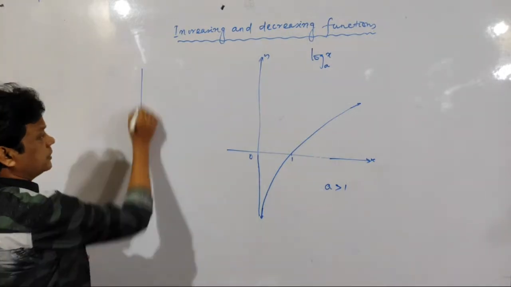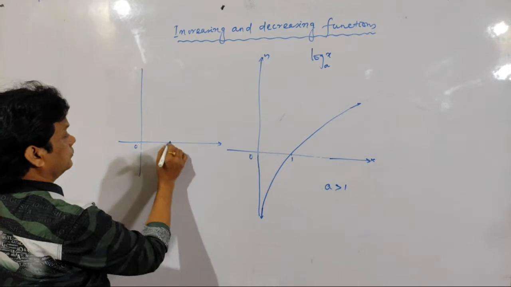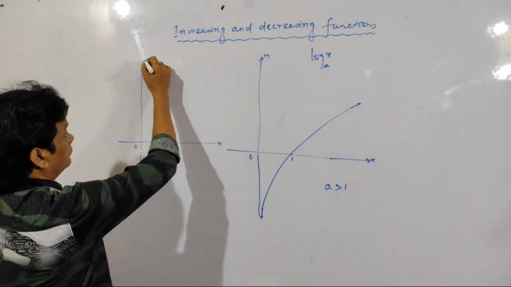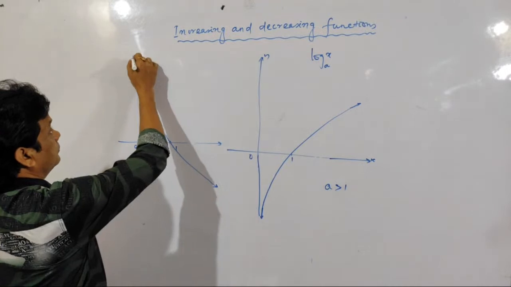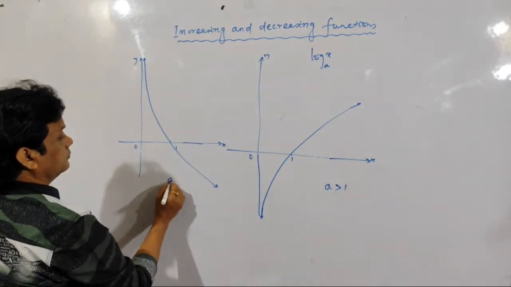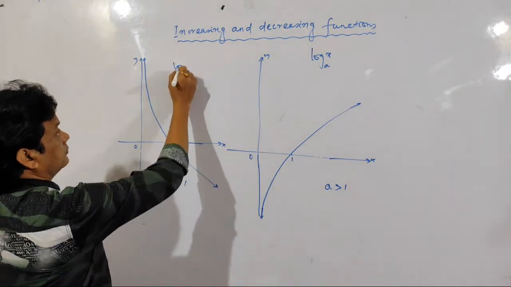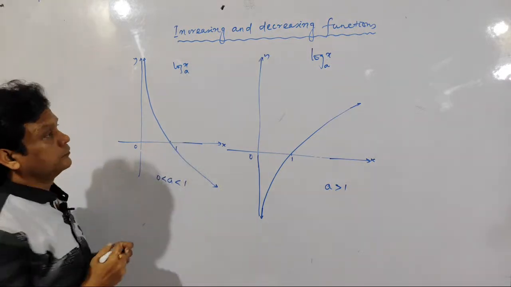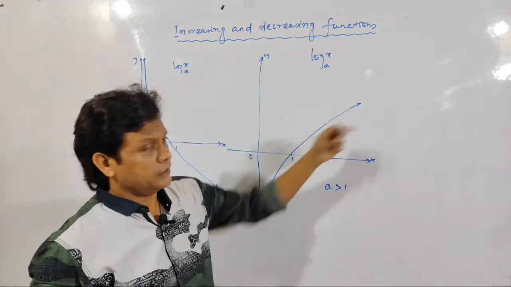And if a is less than 1, meaning in between 0 and 1, the graph will be like this. For a greater than 1, the graph will be like this.